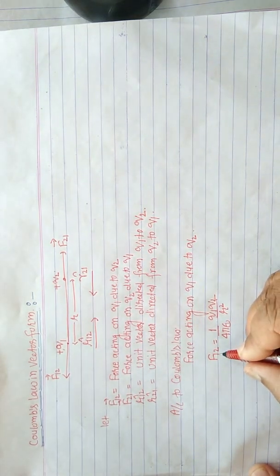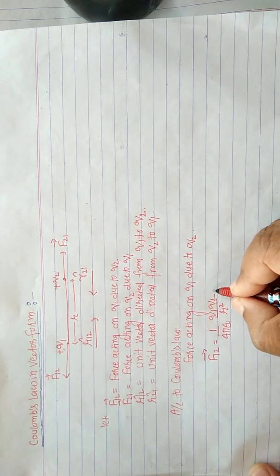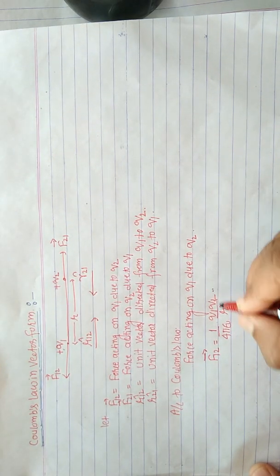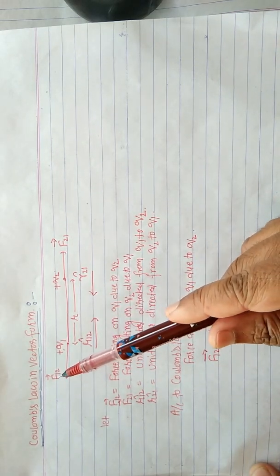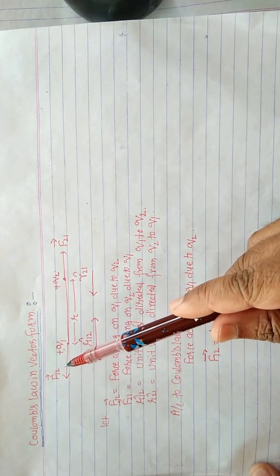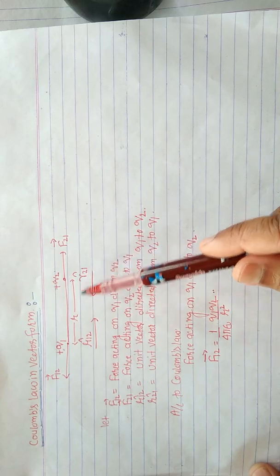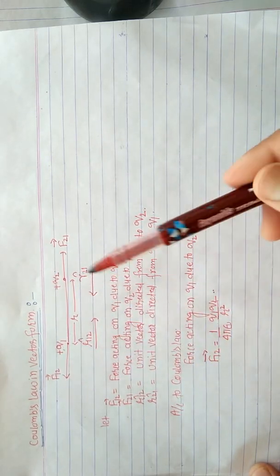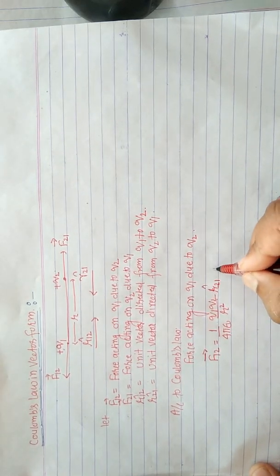But this F12 is a vector quantity, so just put an arrow. On the right hand side you must apply a vector quantity, and the direction of that vector must be the same as F12. So just look at this diagram. The direction of this F12 is from Q2 to Q1, and out of these two vectors, which unit vector has the same direction as F12? This one. So just multiply by this vector, R21 cap, equation number 1.